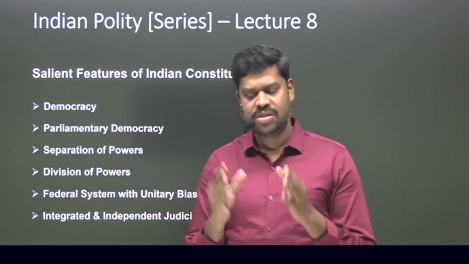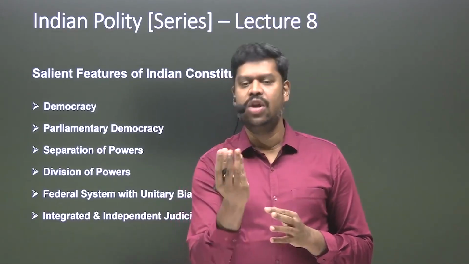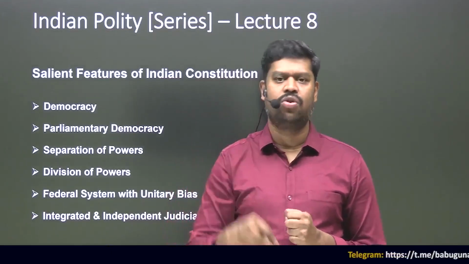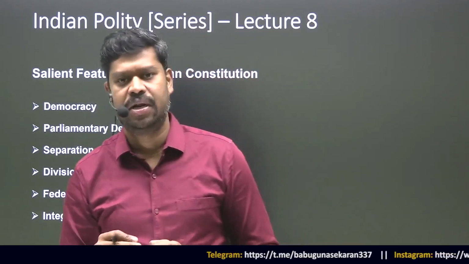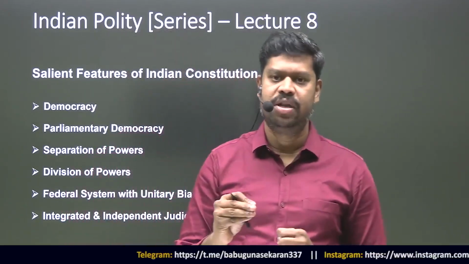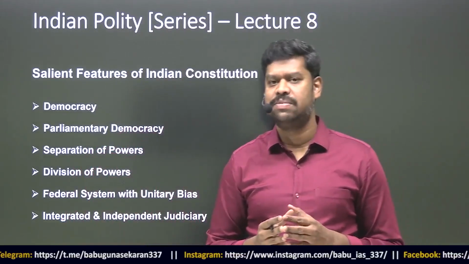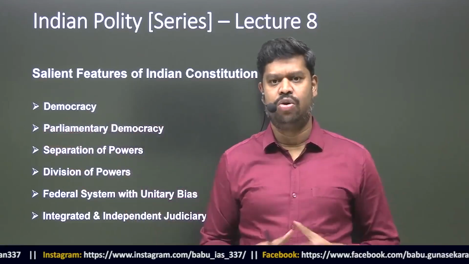Now, this thought was taken by the Constituent Assembly, and they thought that in any constitution, all the functions should not be entrusted in one particular authority. If all the functions are entrusted in one authority, there is a possibility that this power may be misused. Hence, the Constituent Assembly created different power centers within the Constitution.